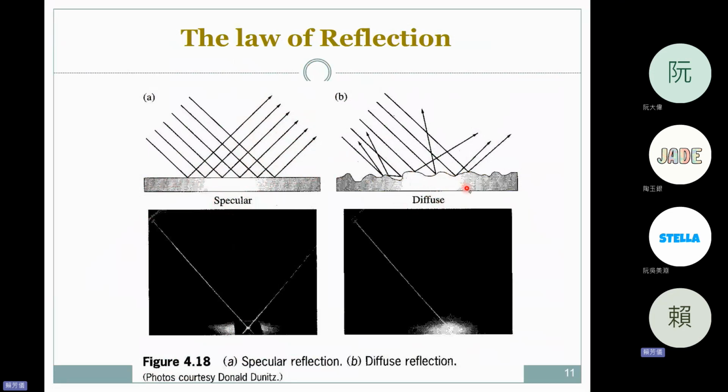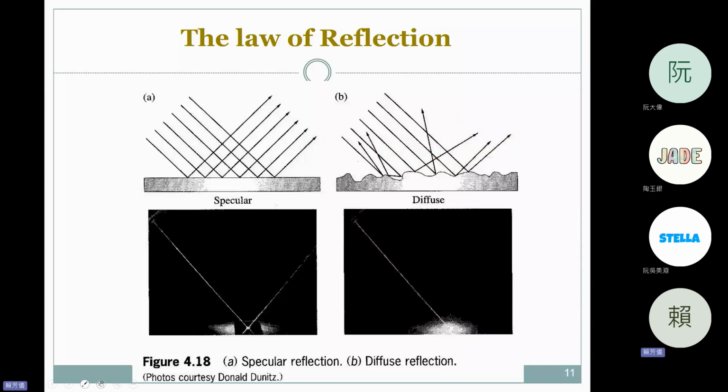But for the other case, if the surface of the interface is not so flat, if it is rough, such as this figure shows, then the light will refract in different directions.